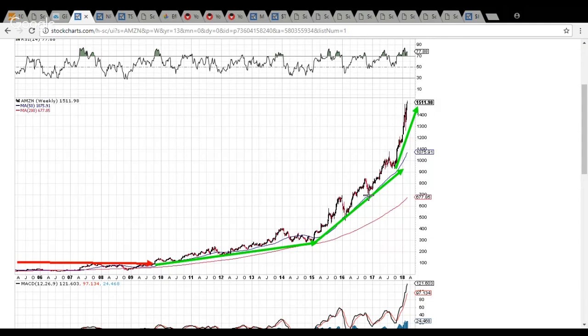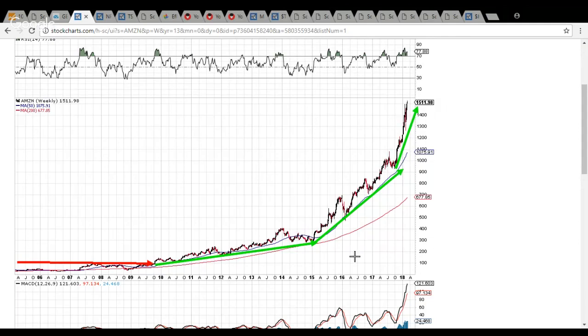And if it does, you can go completely back in on the long side, knowing that you're about to enter with an 85% probability that you are about to start an even bigger move that's going to go vertical.